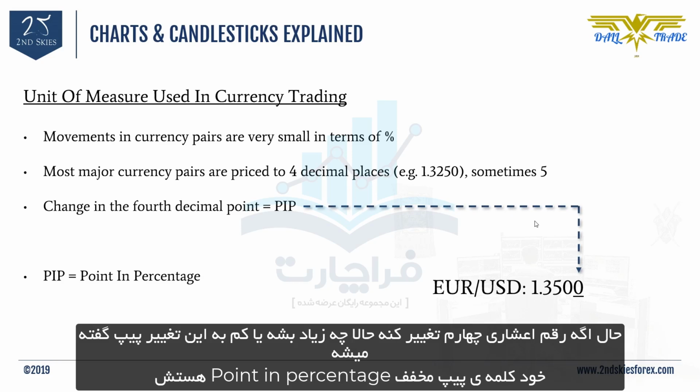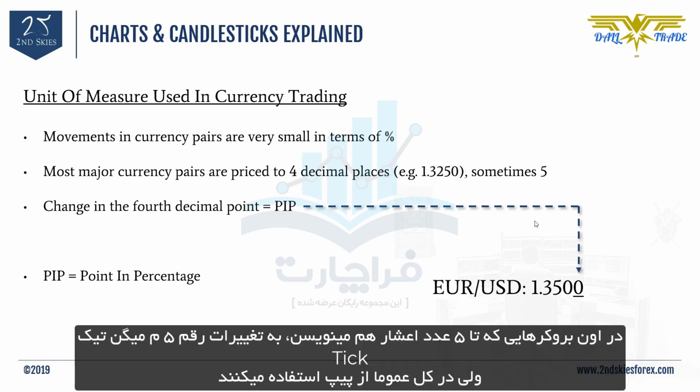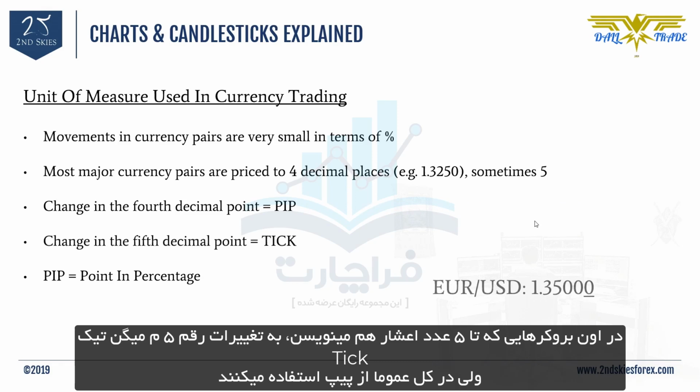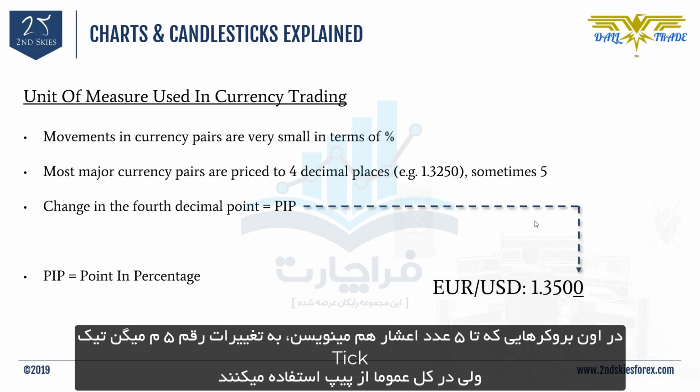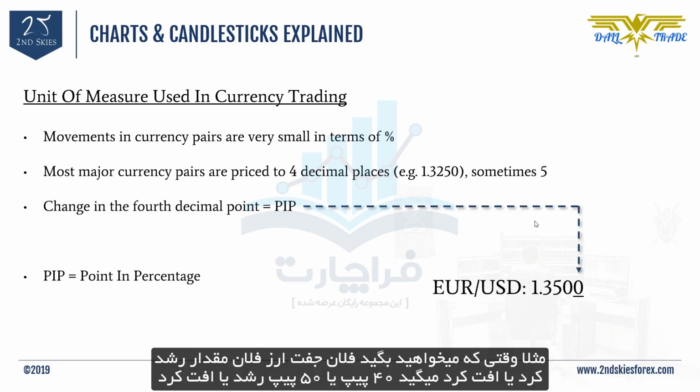And pip stands for point in percentage. When it comes to brokers that have 5 decimal points and you have a change in the 5th, that's called a tick. But the absolutely most common one is called a pip. So when you talk about a bullish move in the currency, you say the pair moved up 40 pips or the pair moved down 50 pips.